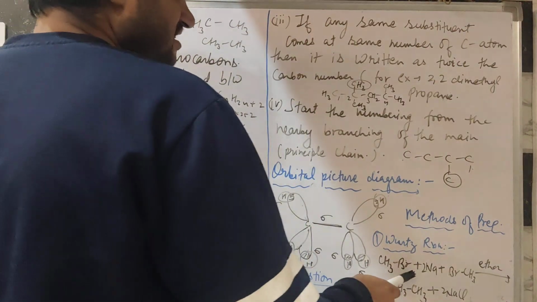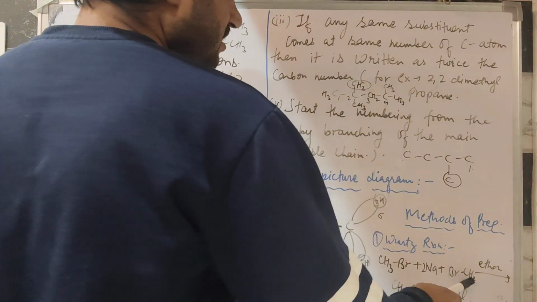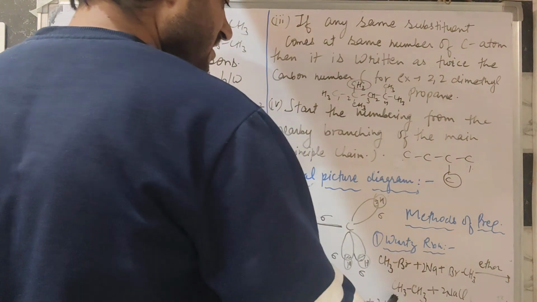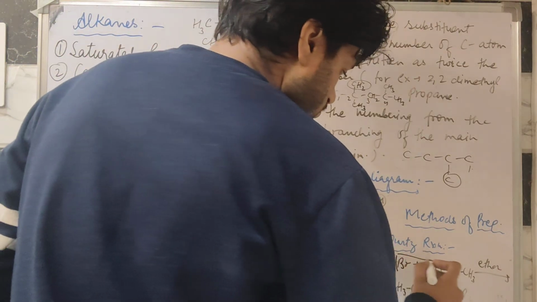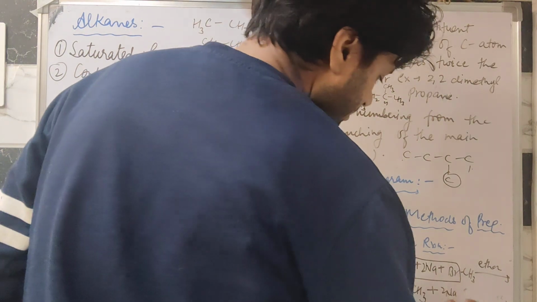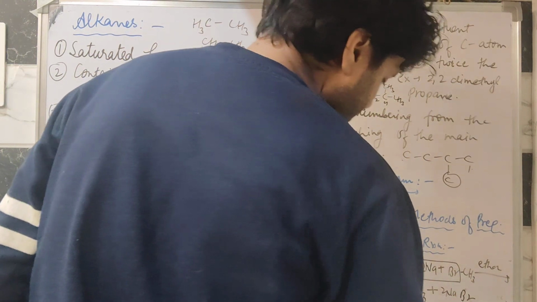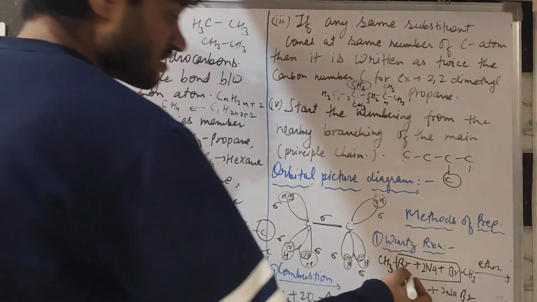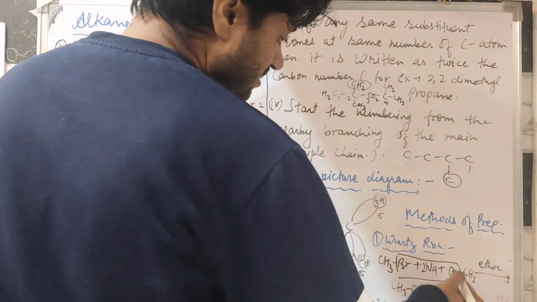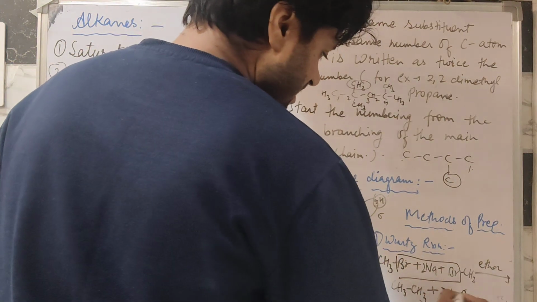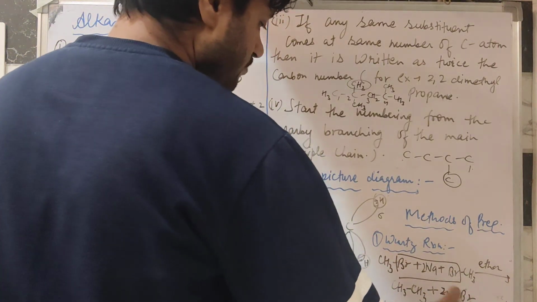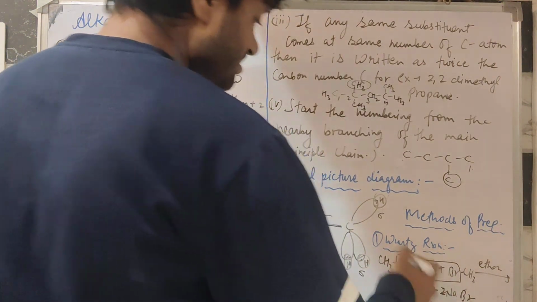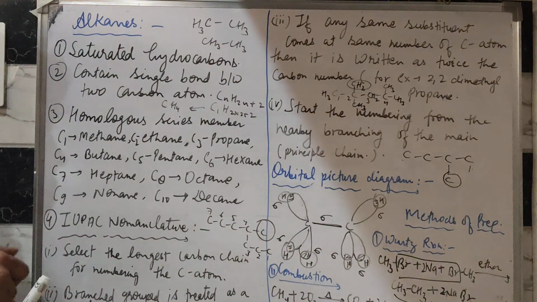So haloalkane CH3Br plus sodium metal plus BrCH3, in the presence of dry ether, we get ethane, because 2NaBr, sodium halide, is removed. Sorry, I mistakenly wrote Cl but it is Br. If it is Cl, then we write Cl here; if I take Br, I will write Br. This is the byproduct and this is the main product. This method is used to form higher alkanes.